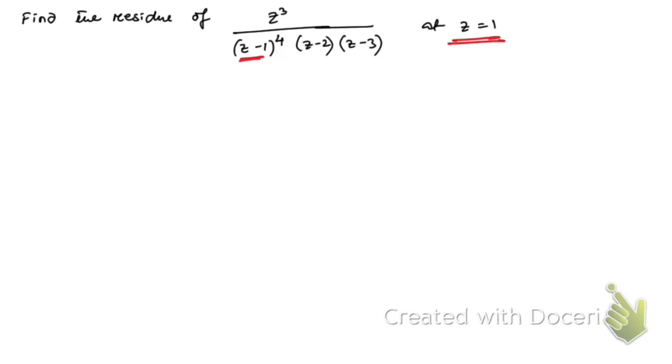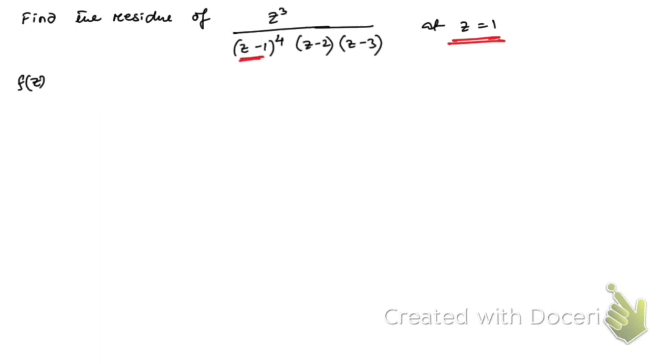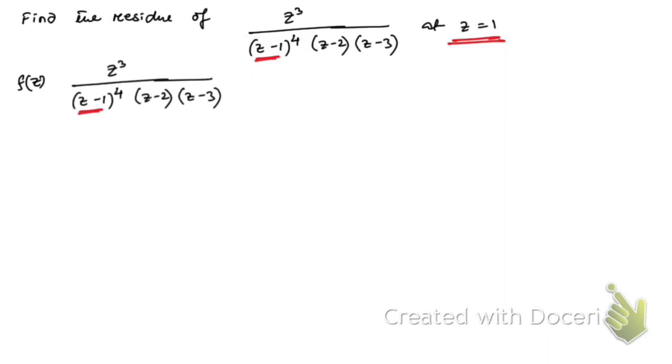So here the given function is f of z. Just let me copy this. So here you see this is the given function, and if you equate the denominator with zero, then you're going to get z minus 1 whole to the power 4 is equal to 0.